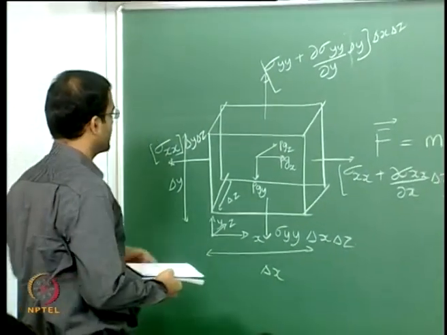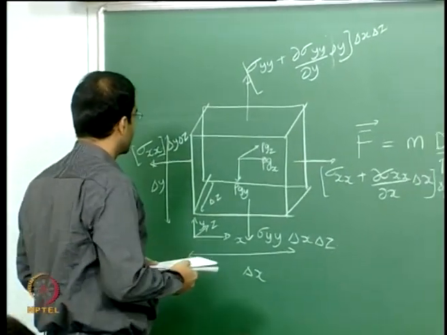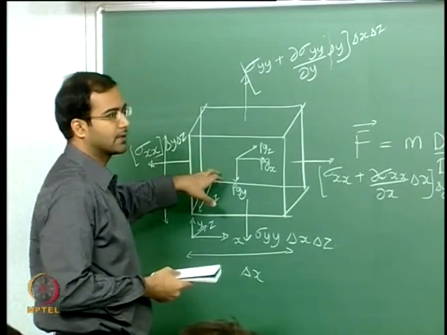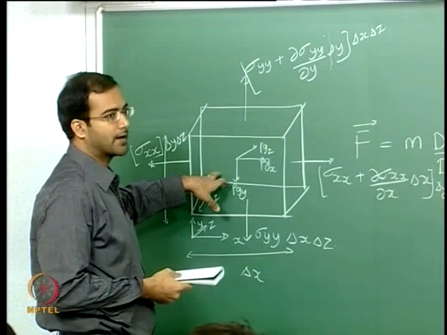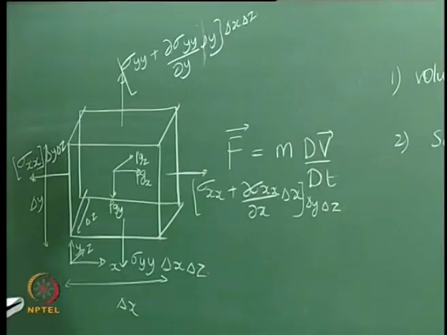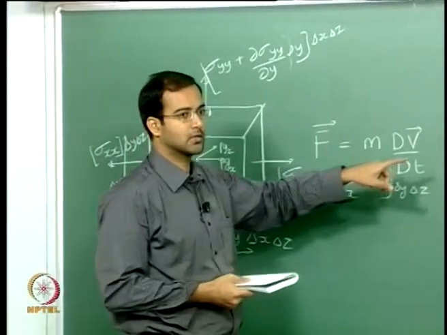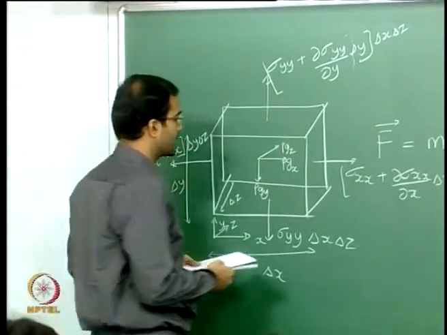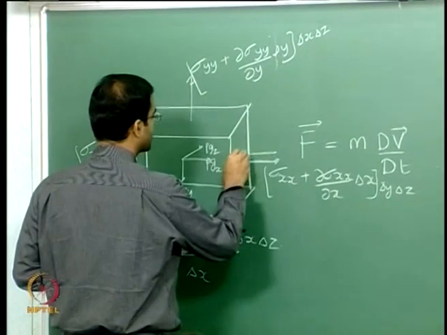Similarly you have the normal stress in the z direction. Now coming to the shear stresses, these normal stresses act in the direction of the area normals, which point away from the surface. So if you include the pressure forces, which also act normal but are compressive in nature, the pressure forces act in this direction.